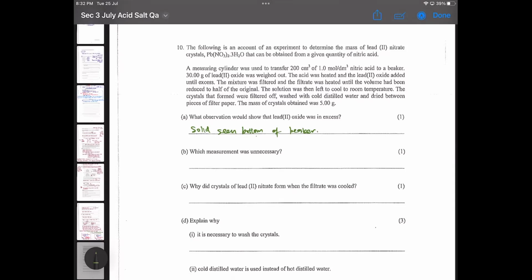There's one measurement that you don't need to take. Or anyone have any idea? What was the unnecessary measurement that was taken? It is inconsequential to all sorts of calculations that we're doing. This number is not needed.